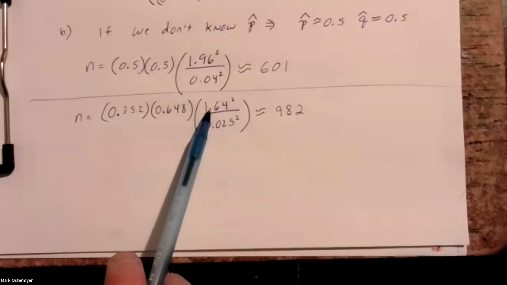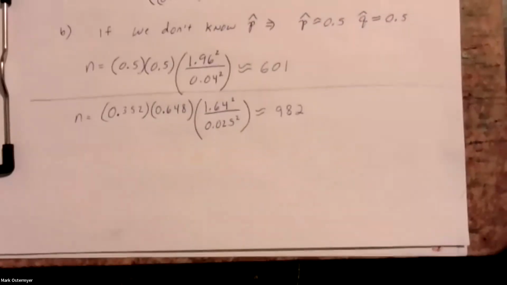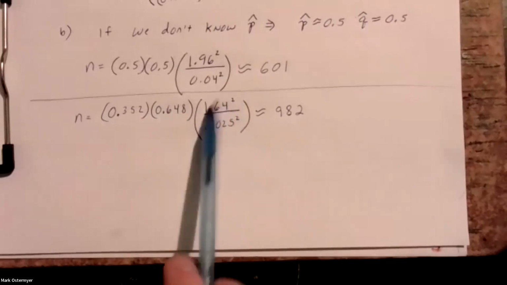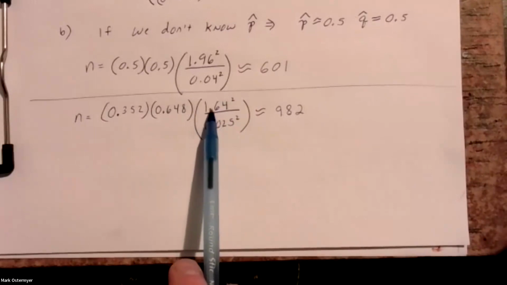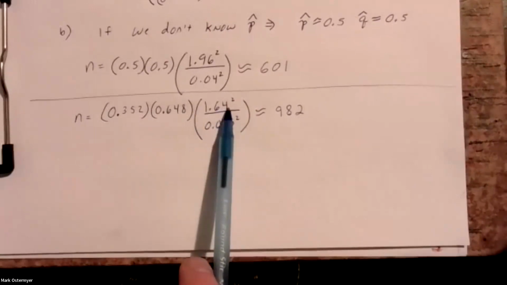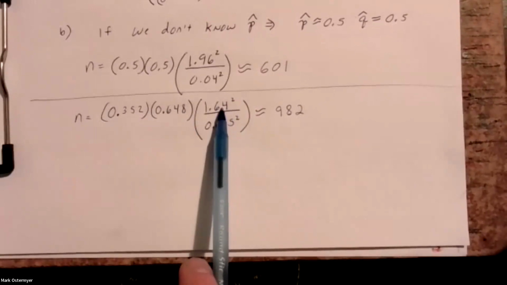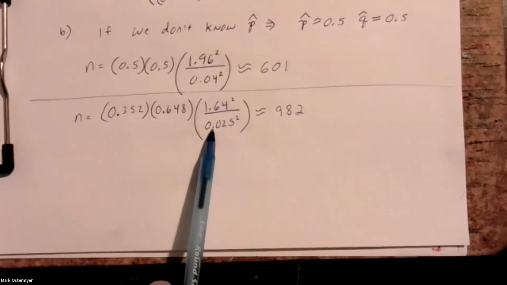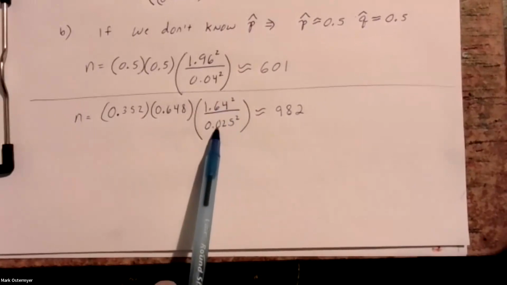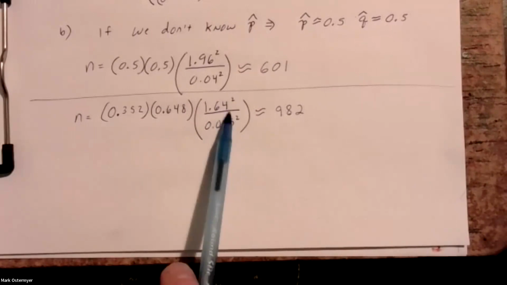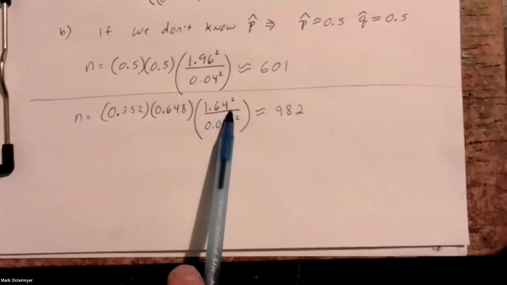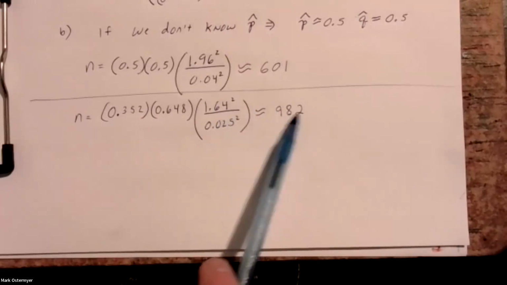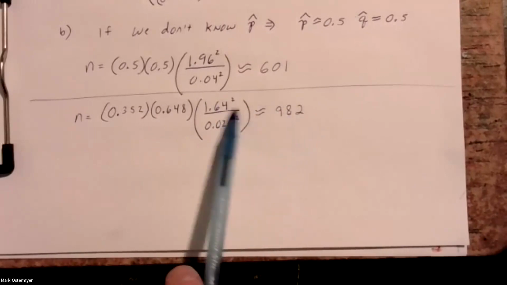Now, 90% confident has a critical Z value about 1.64 or 1.645. I tried it with 1.64. An allowable margin of error is 2.5%, which is 0.025. I get about 982. When I tried 1.645, I got like 987, a little bit bigger than this.